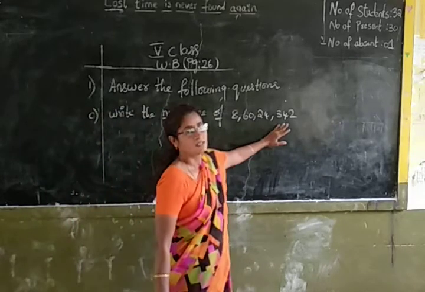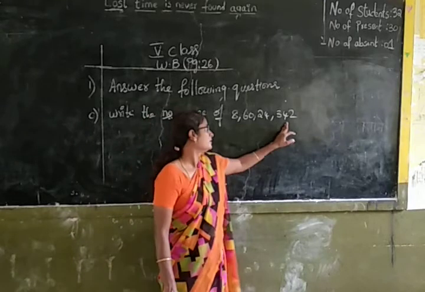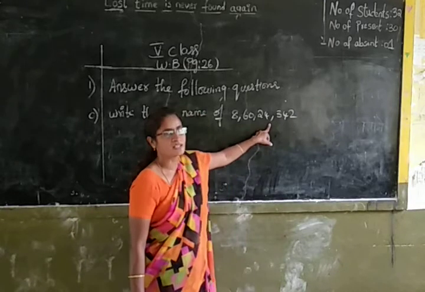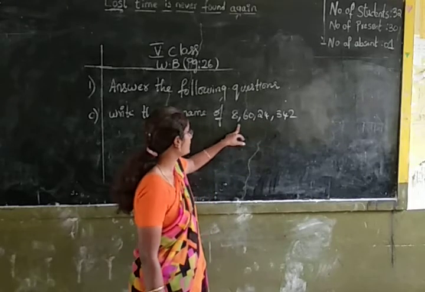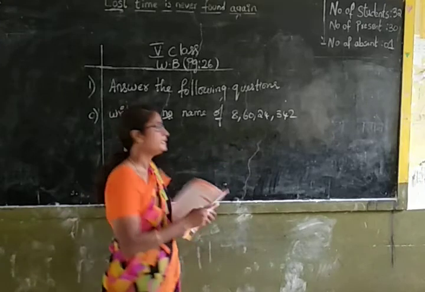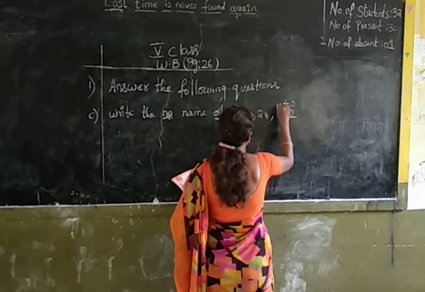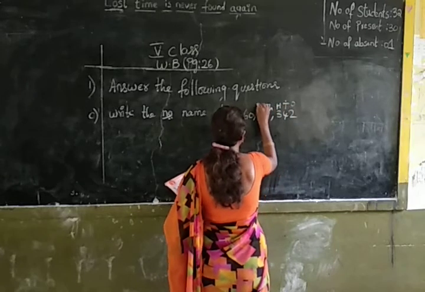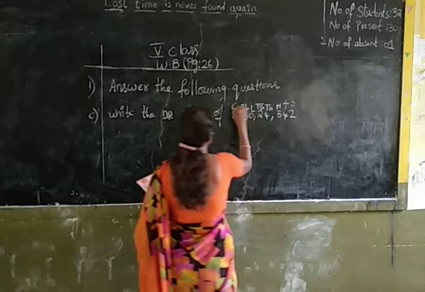Here this number is in Indian place value system. How can we know that? Because here the comma is placed after hundreds place and after that comma is placed after every two places. So you have to write this number in Indian place value system: ones, tens, hundreds, thousands, 10,000s, lakhs, 10 lakhs, crores.